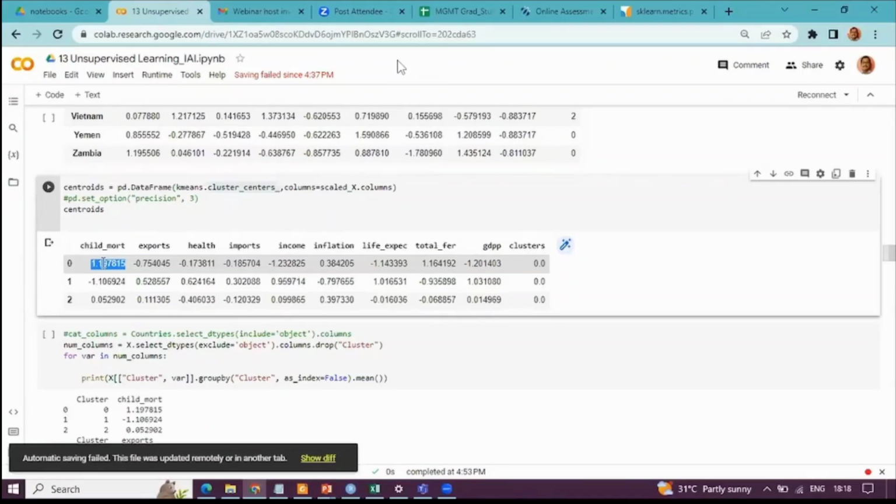So for most of the variables, we are finding that cluster 0 is clearly differentiable from cluster 1 and then from cluster 2. And because of this kind of a setup, we can say that there is a clear demarcation and a differentiation that is occurring across the various clusters.